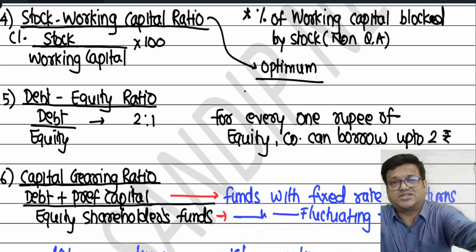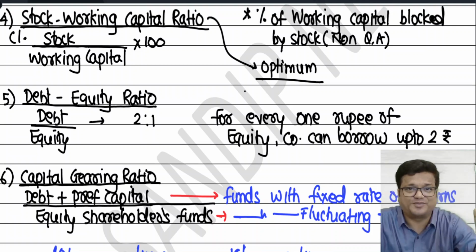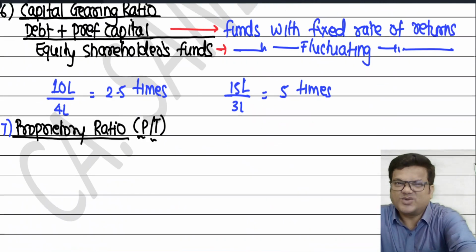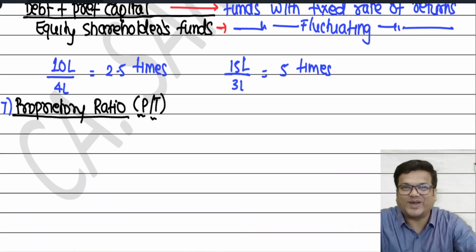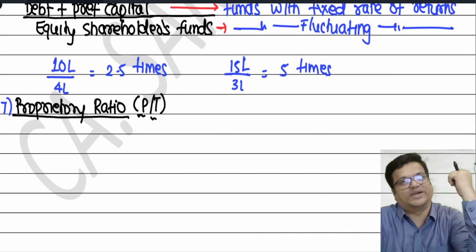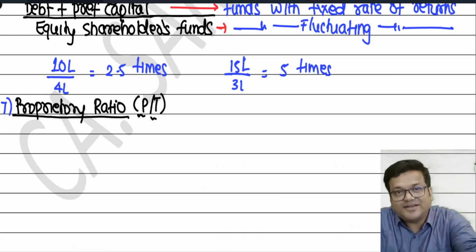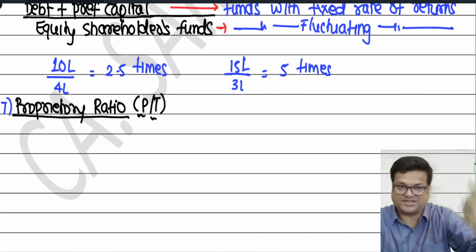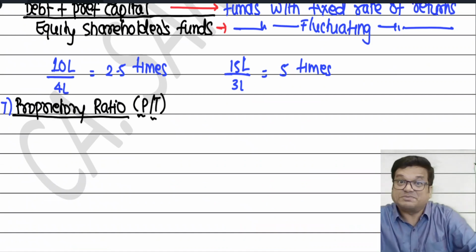Stock working capital ratio: first word stock, second word working capital. Done. But the proprietary ratio gives me no hint, so let's generate a hint. It is proprietors' funds upon total assets. So that's why it is PT.